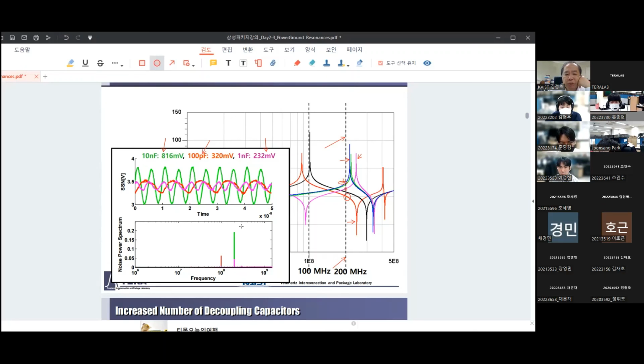Because of that, you see that the impedance peak at the blue line is highest, then next one is green, and that one is almost negligible.